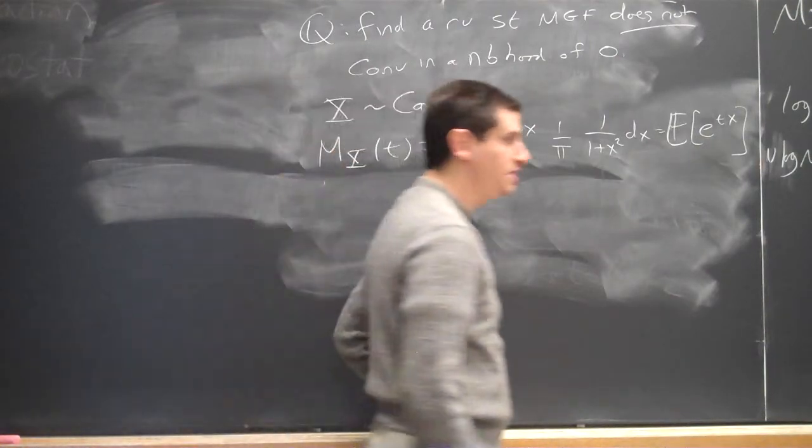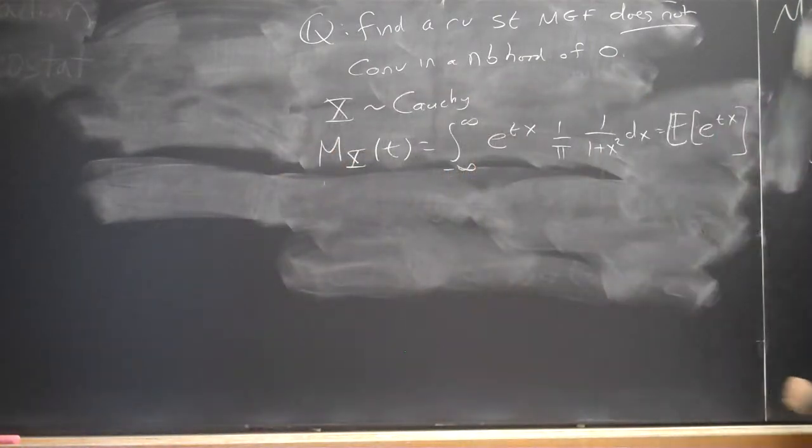For which values of t does this converge? So you should be able to give me at least one value of t where it converges. What's one value? 0. Can you give me any other values where it converges?